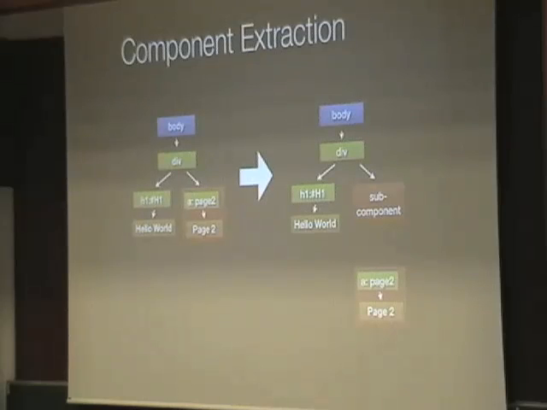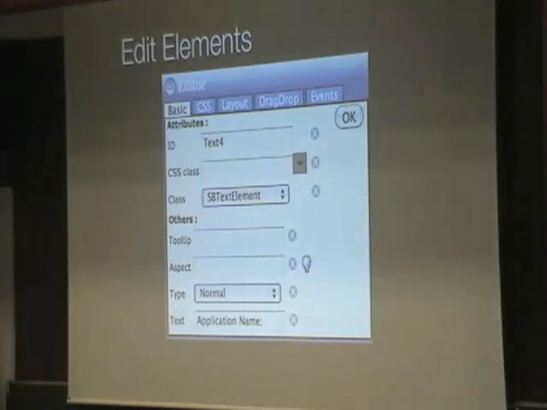You tell it which class name to create, and then it creates a class, puts the div inside this class, and creates an instance variable that contains the instance of this class and links everything, so it just looks as before, but it's not a div anymore, it's a subcomponent that contains this div. You can also edit the elements in the editor, like giving them an ID, a class name, stuff like that, an aspect in this case.